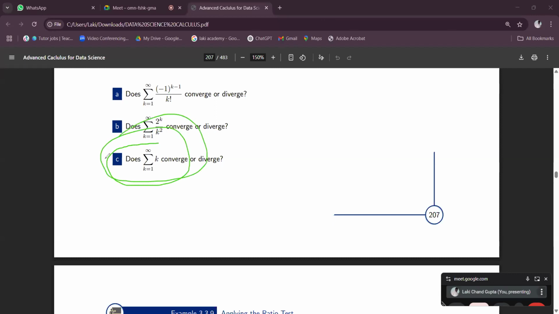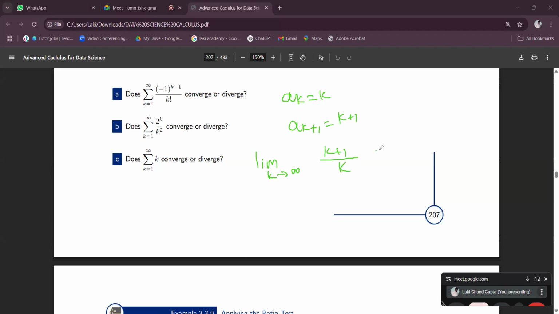Can you tell whether this is convergent or divergent? Yes. You will get, yes, yes. Because you know k is k, k plus 1 is k plus 1, right? So (k plus 1) upon k. Put k common.